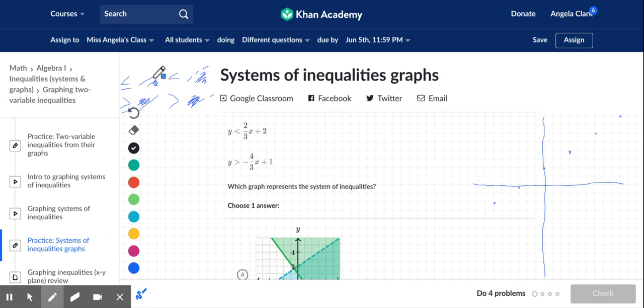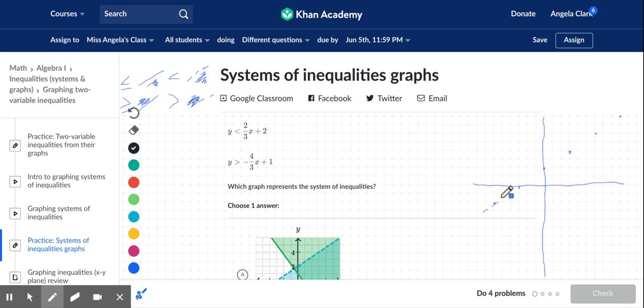So that's what you're looking for when you're looking at your inequality symbol. You're saying, okay, less than tells me I'm going to shade below, and then looking whether or not it has or equal to is going to tell me if it's dotted or solid. This does not have an or equal to sign, so this is going to be a dotted line, and I'm going to shade below.